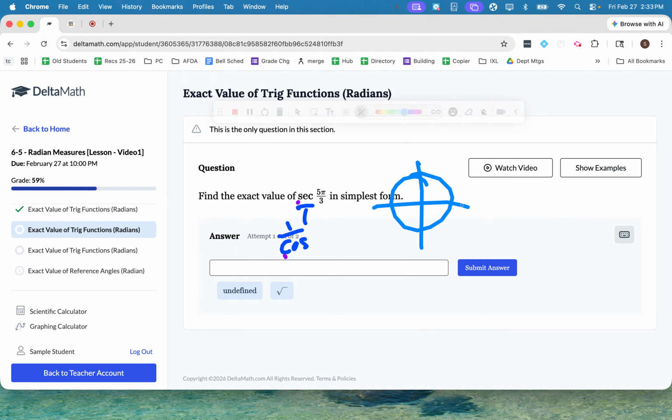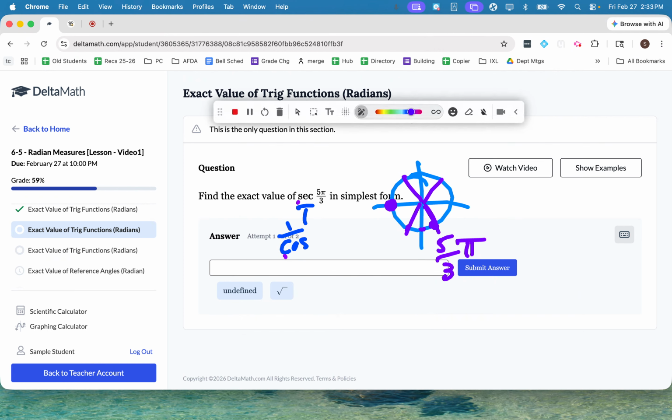But let's find out where we are. 5/3, 5/3. So let's go 3/3 all the way around. 1/3, 2/3, 3/3, 4/3, 5/3. This is where we landed. So this is the one that's a little closer to here.